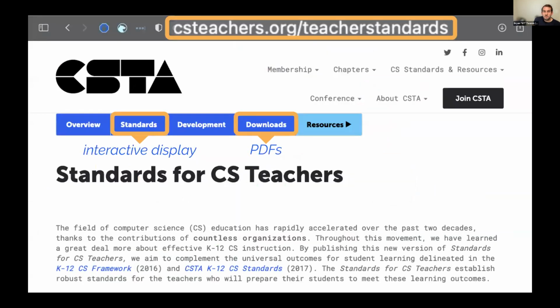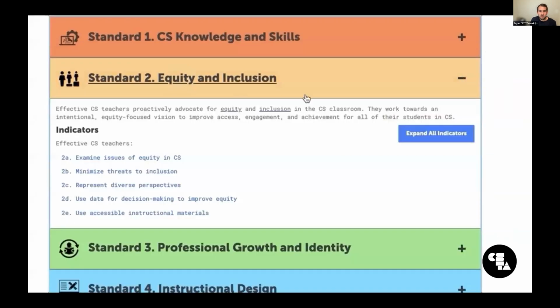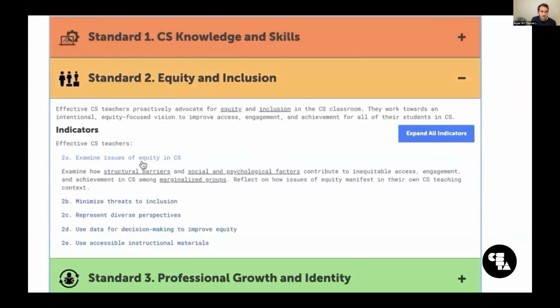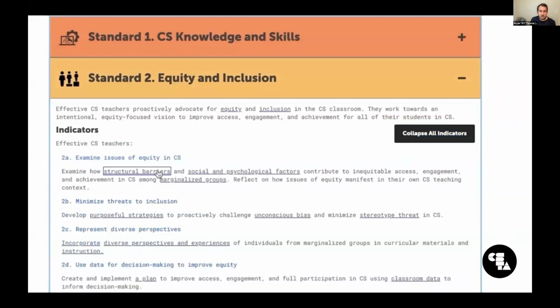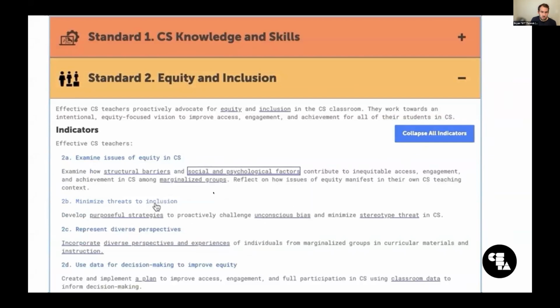You can go to Advance. So if you've not seen these before, you can access them at csteachers.org/teacherstandards. And there are 2 main views, an interactive display that you can click and navigate, shown on the next screen, as well as some downloadable PDFs. This is what the interactive display looks like. So you can expand the indicators, and those underlined terms you can click on, and there are definitions, examples, links, that sort of thing with more information.